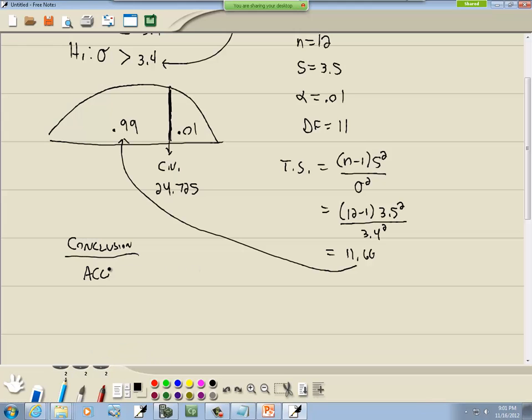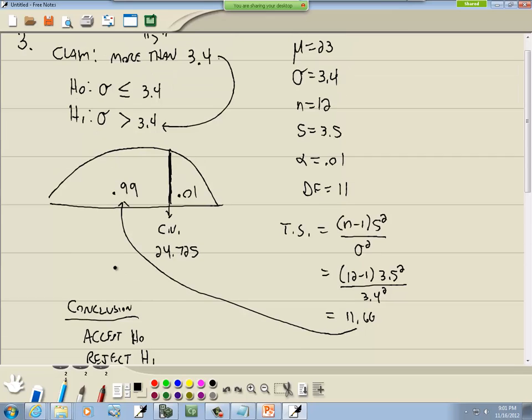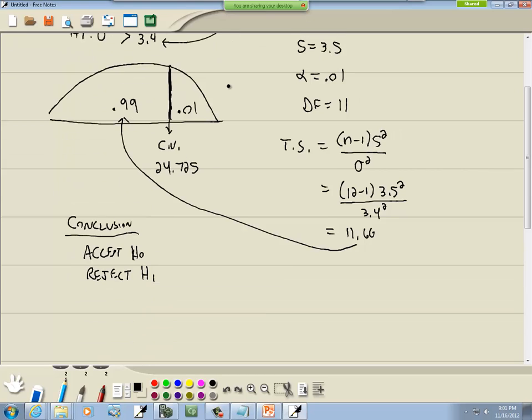So that means we'll accept H naught. H naught and H1 are opposites of each other, so if we accept H naught, that means we reject H1. And if I look back up here, our claim matched H1. So whatever we say about H1 is what we're going to say about our claim. Well, we rejected H1, which means we're going to reject our claim.